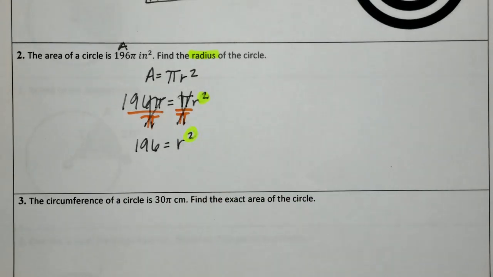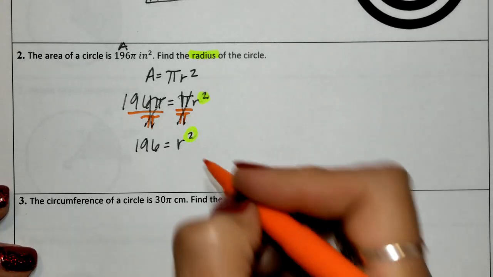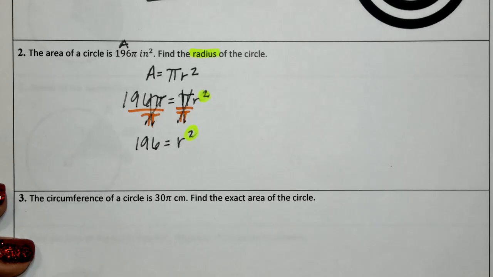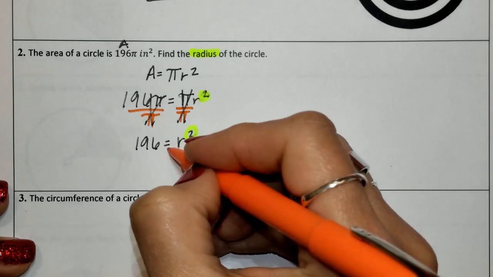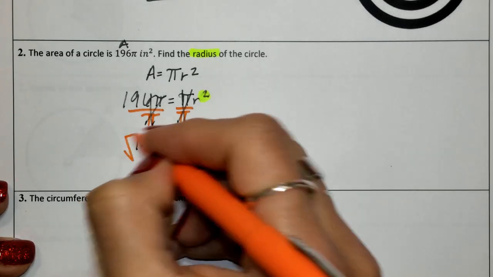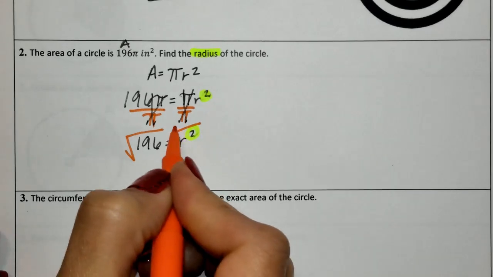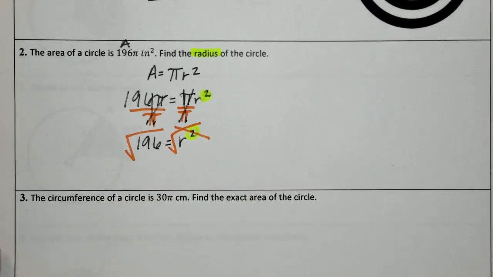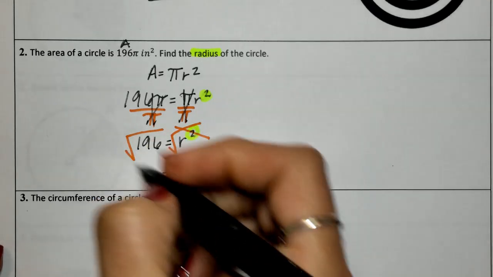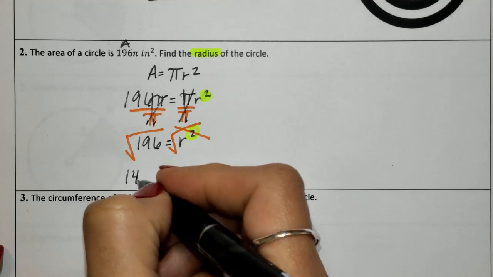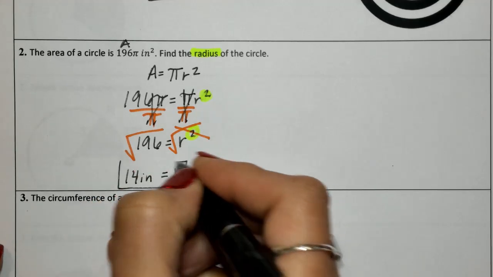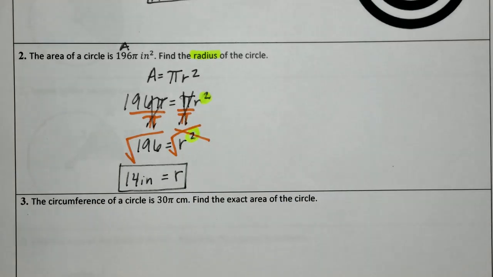Because now your radius is not 196, your radius squared is 196. So as we've learned throughout the year, especially with Pythagorean theorem, to get rid of that exponent, we are going to take the square root. That will cancel the exponent, giving you r for radius, and the square root of 196 is a perfect square. It comes out to the whole number of 14. So your radius comes out to 14 inches. It is not area, so it's one-dimensional, just inches.